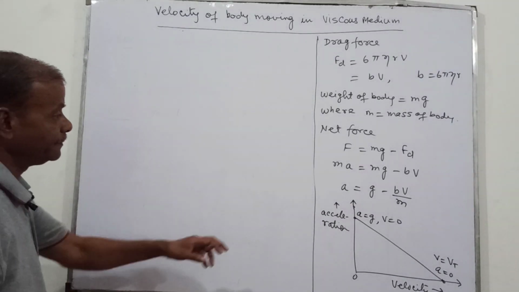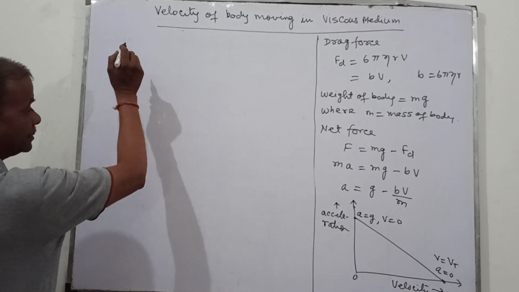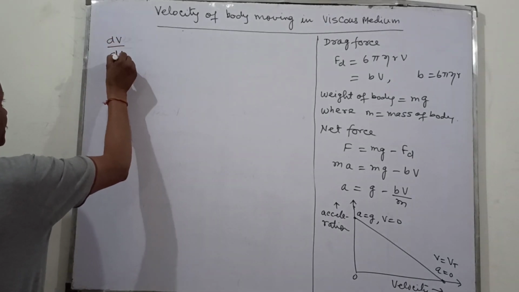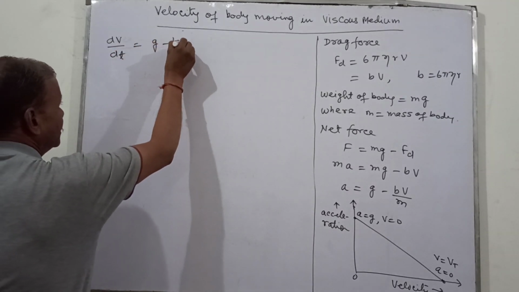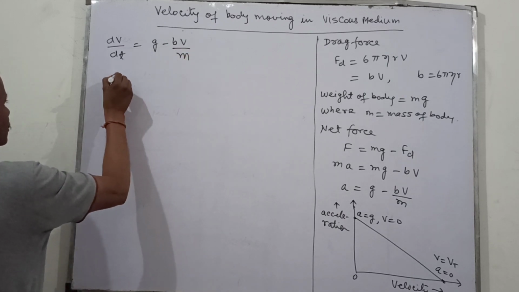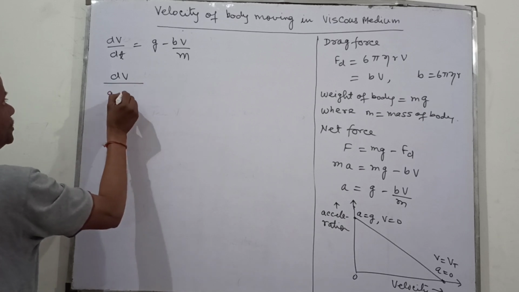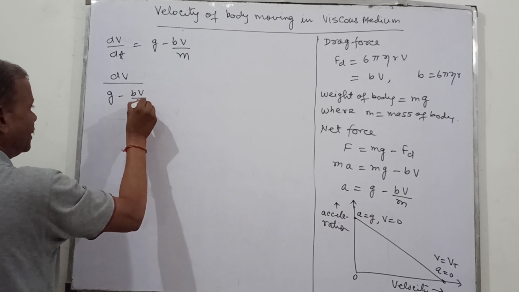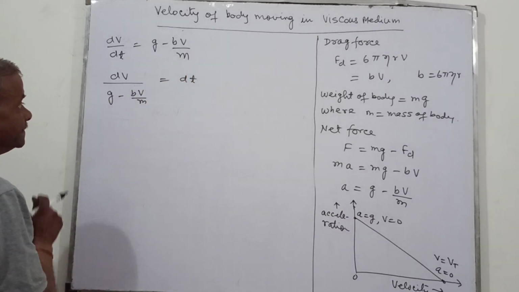So now we can have this equation of motion as dv upon dt is equal to g minus Bv upon m, or dv upon g minus Bv upon m equal to dt.